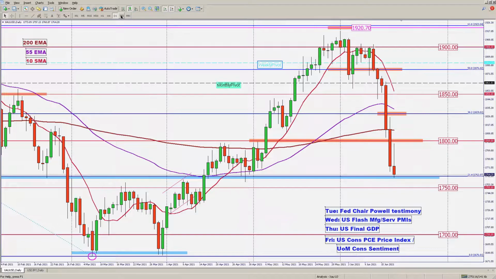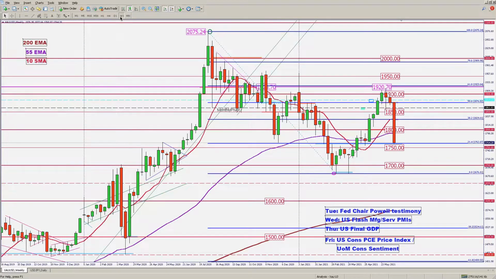Okay, so let's take a look at the weekly time frame. That's this fall from the 50 retracement down to the 21 retracement for the week. And with this bearish move, it has fallen through the weekly 55 EMA around 1790.